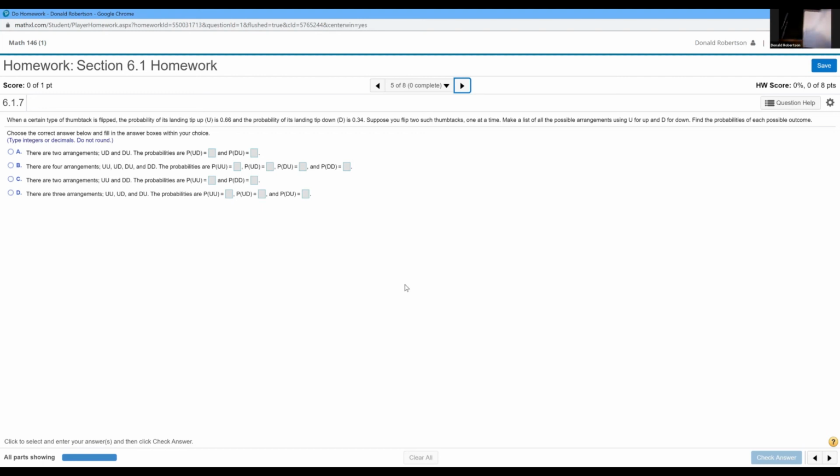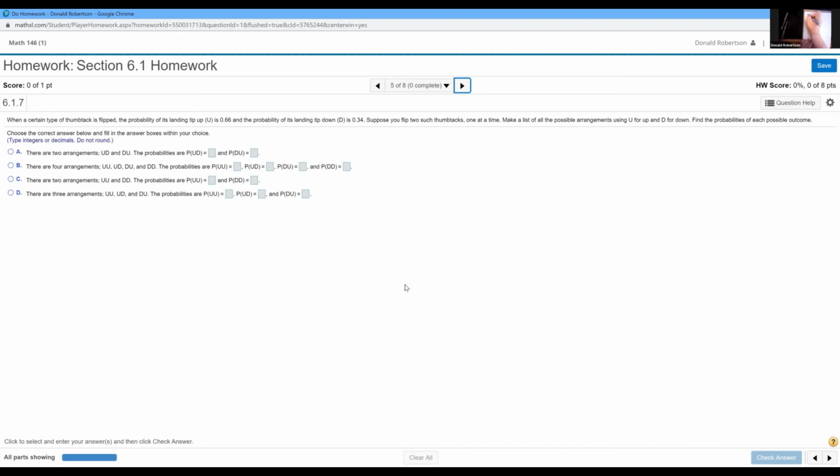Okay, so this is going to be my last question for today, and I'm going to write down those numbers so I can use them. So you throw a tack and it lands up, which would certainly be the dangerous way, is 0.66, and the probability that it lands down is going to be 0.34.